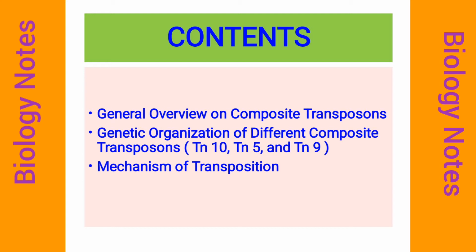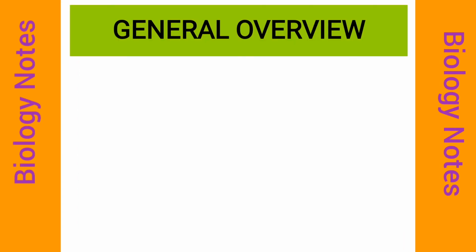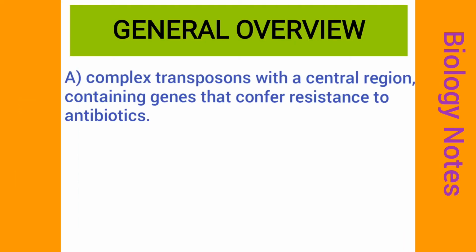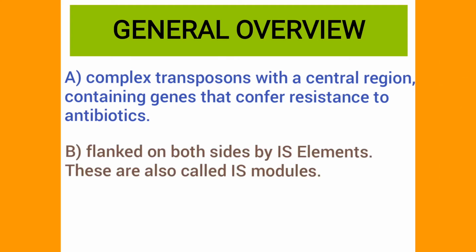of transposition. General overview. Composite transposons are more complex transposons with a central region containing genes that confer resistance to antibiotics and flanked on both sides by IS elements. These are also called IS modules.